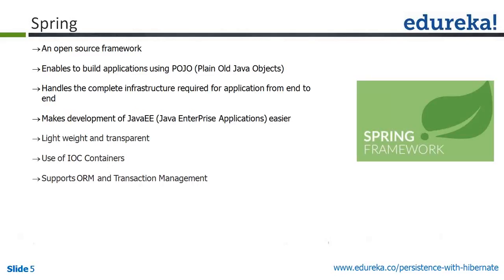So what IOC is: let's say there are two modules which are dependent on each other. Instead of creating an object of one class in another, you maintain a separate Spring XML where you define the dependency. Instead of hard coding the dependencies in the classes, you specify them elsewhere.